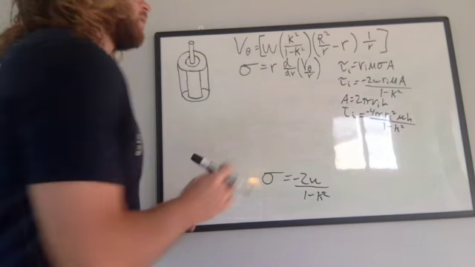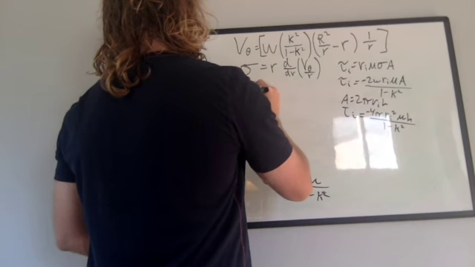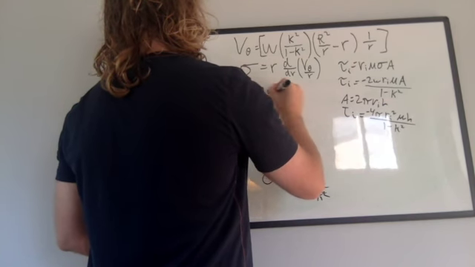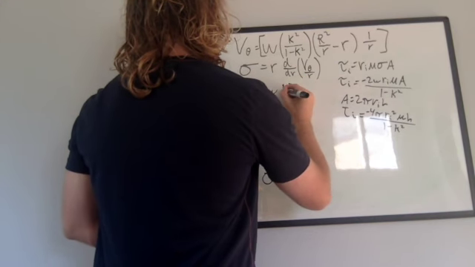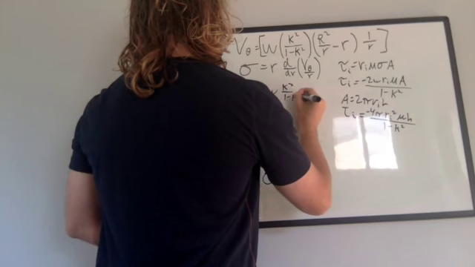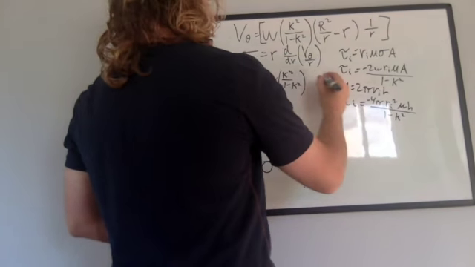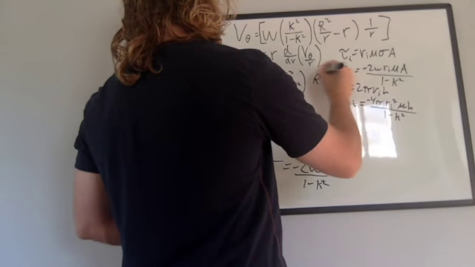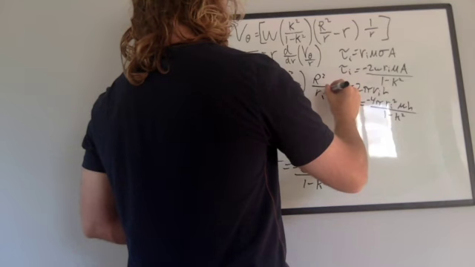So our expression for that was shear rate was equal to negative 2w, and then it was k squared over 1 minus k squared.